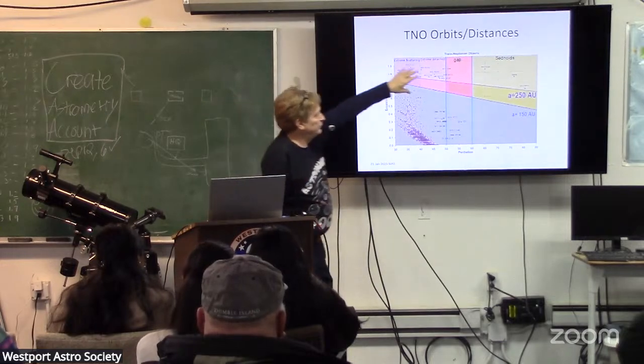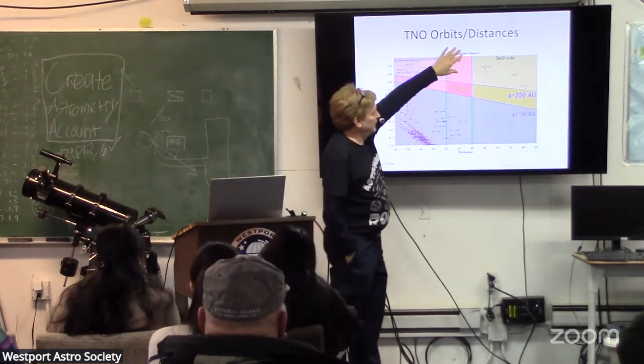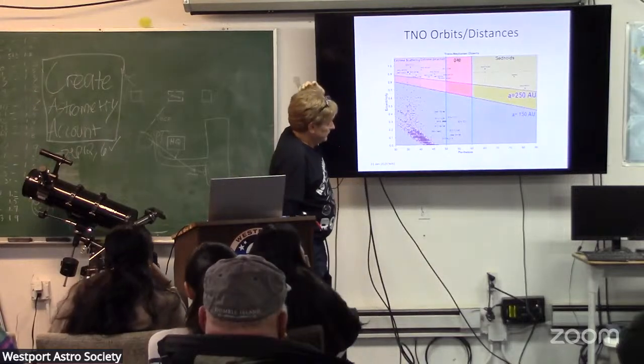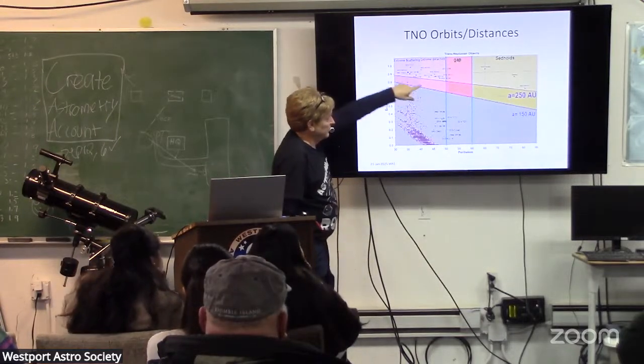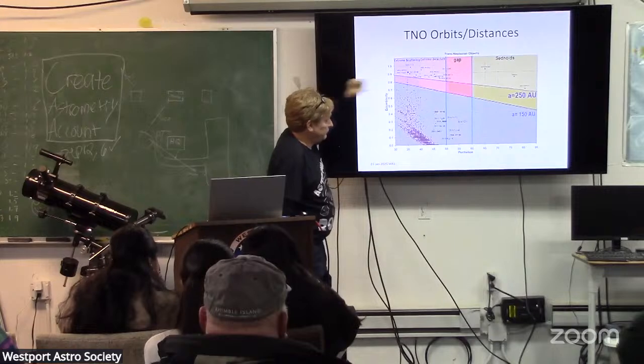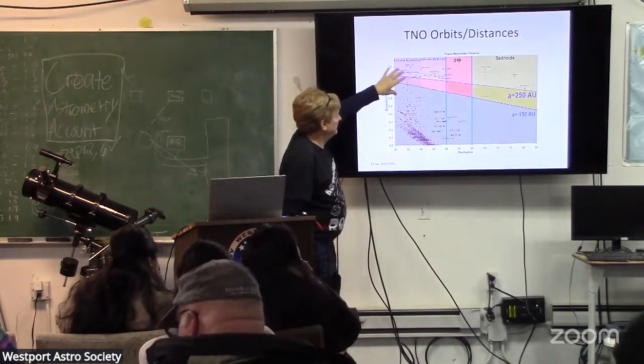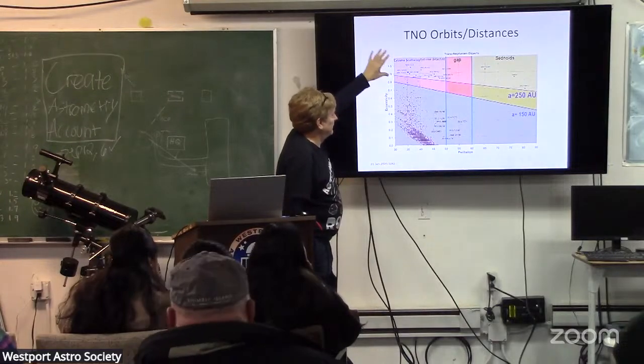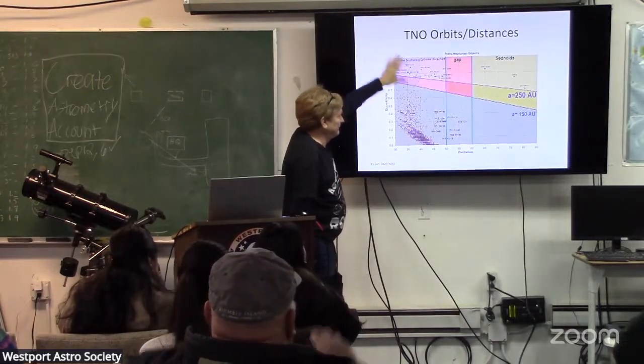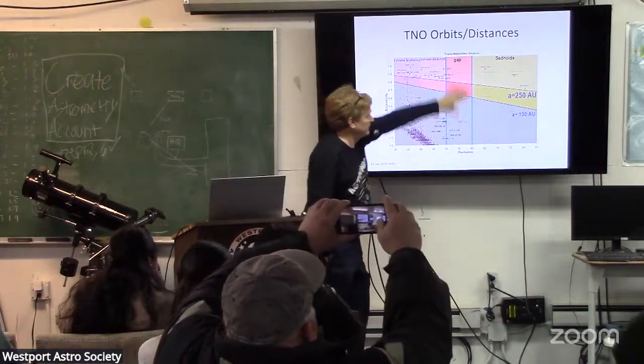Those three distant objects are way up here in the upper right, the three objects whose orbits I showed you on the previous slide. But there are other things scattered, extremely detached. There's all sorts of different names. It's unexplored territory.